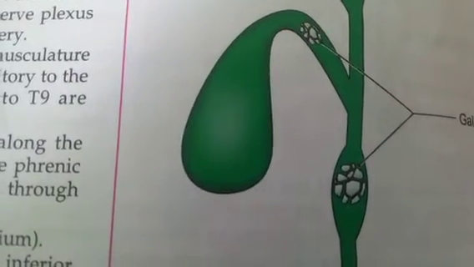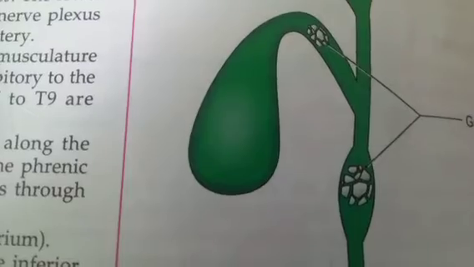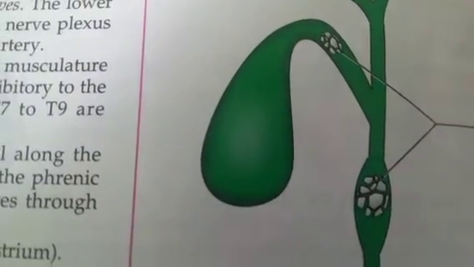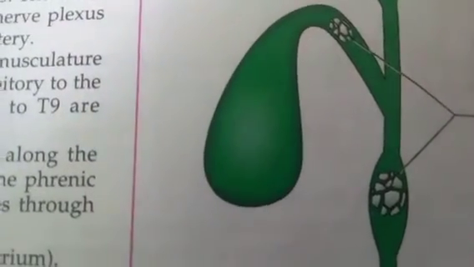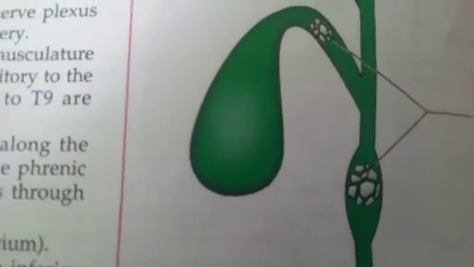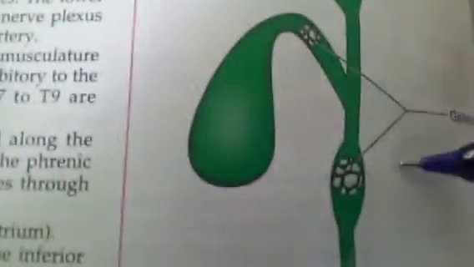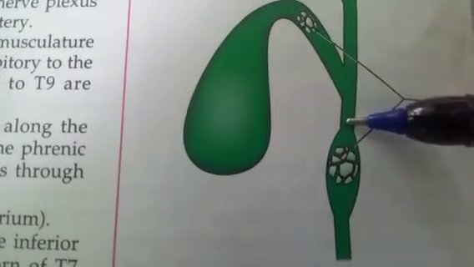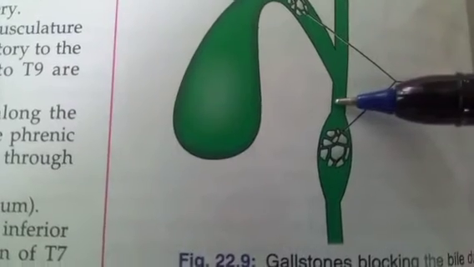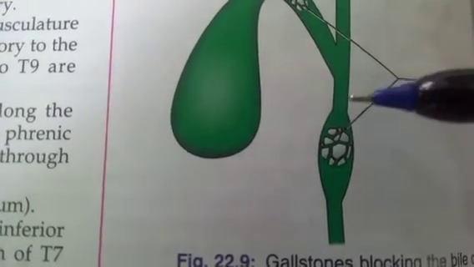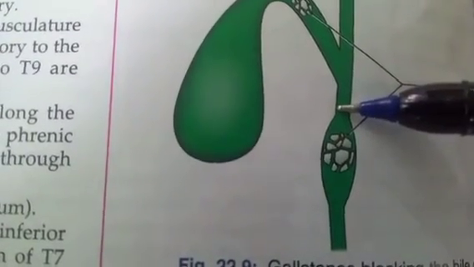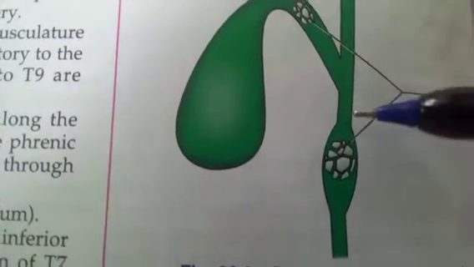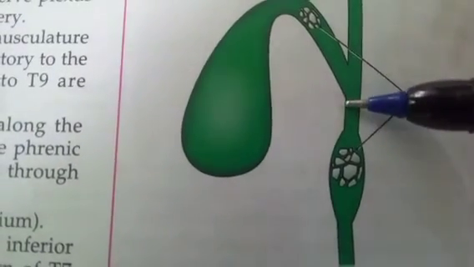The important applied aspects of the biliary apparatus, we will start with the obstructive jaundice. When the passage of the bile into the duodenum is blocked completely or partially, it leads to biliary obstruction, which ultimately results in obstructive jaundice.